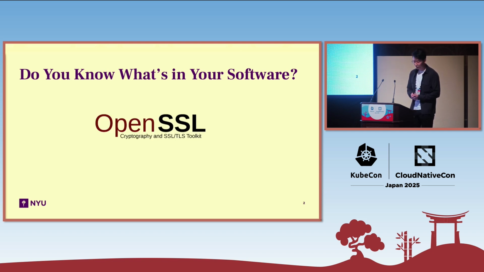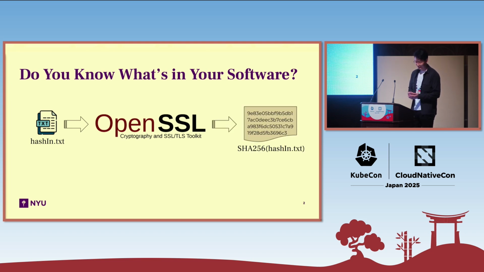Let me walk you through a real-world scenario. Imagine you have a simple input, let's say a text file, hashing.txt, and it gets passed to OpenSSL for hashing. Pretty routine, right? But there's the problem. What exactly is going on inside OpenSSL?